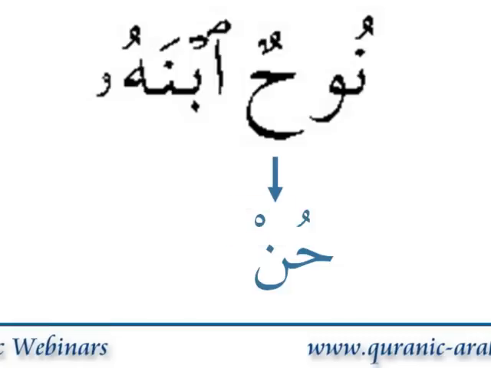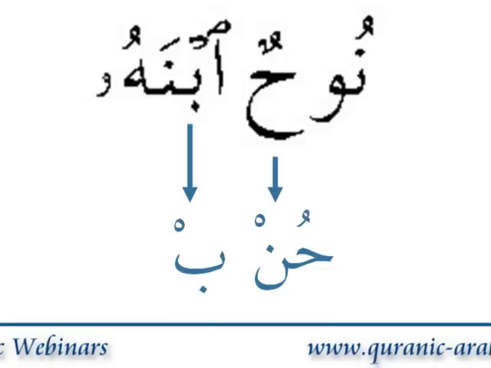And then we know that the Hamza-Tul-Wasl itself has no sound at all, except if we know certain rules like the definite article, etc. But in this case, this is not a definite article. In this case, the Hamza-Tul-Wasl has no sound at all. The word depends on having a sound before it.